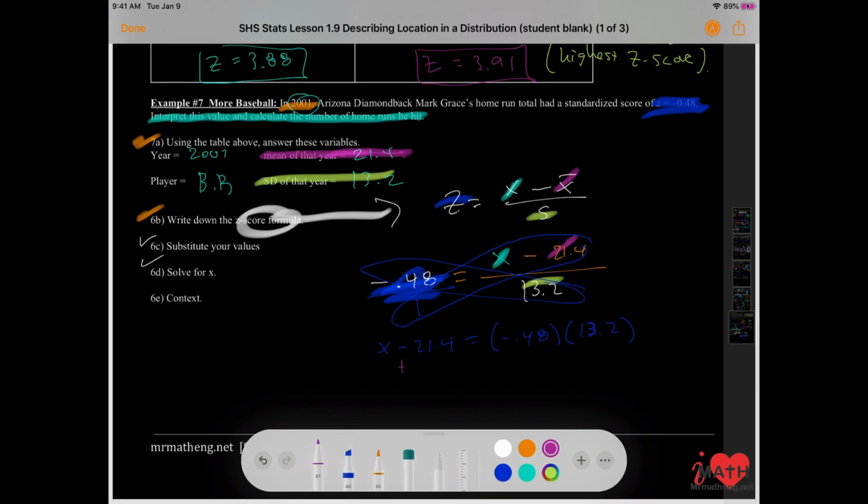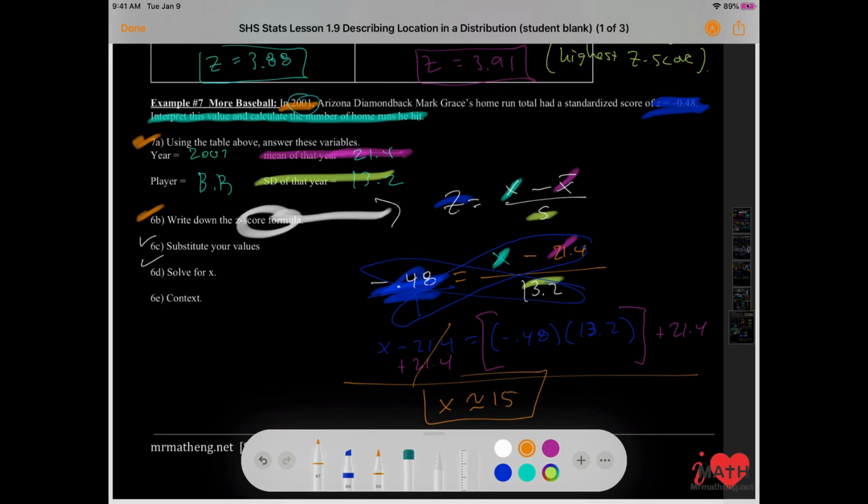And then you can just add 21.4. So all of that plus 21.4. And then you'll get x equals a number. And the number I get is approximately 15.